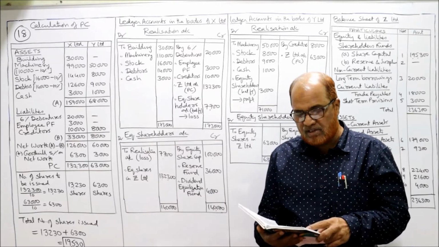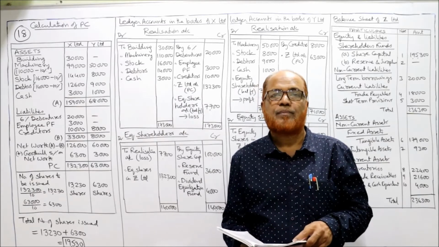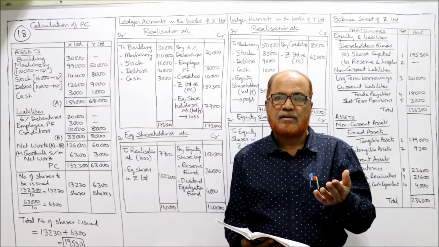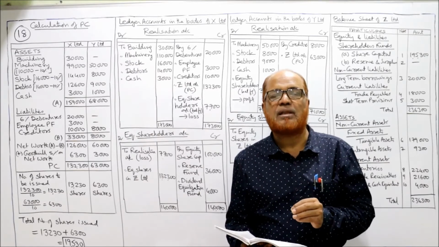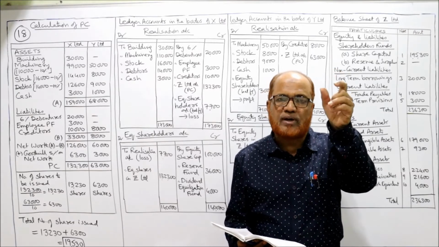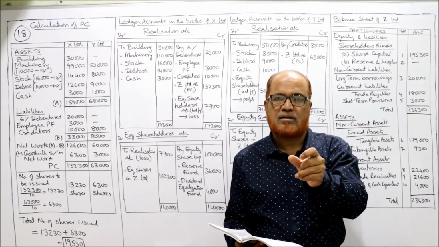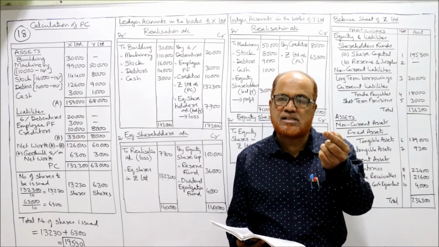Both the companies have to receive 5% of the net valuation of their respective business as goodwill. So Z Limited is paying goodwill, 5% of the net valuation. Net valuation means net worth. So first we calculate the net worth of X Limited and Y Limited. Whatever net worth comes, we calculate 5% on it, that is the goodwill.